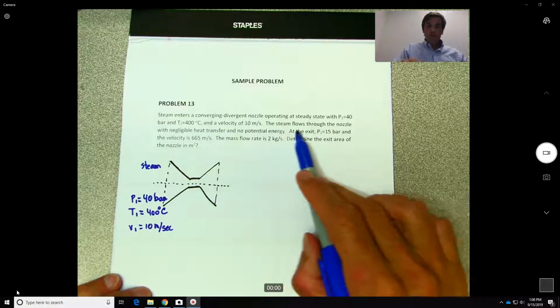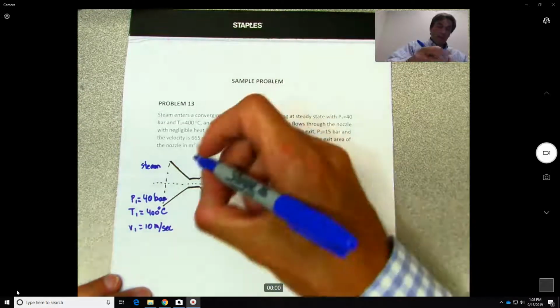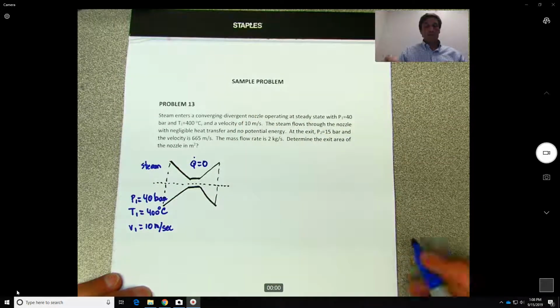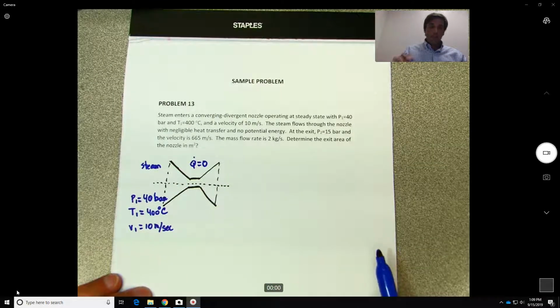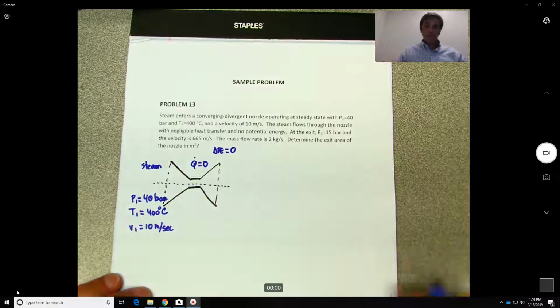The steam flows through the nozzle with negligible heat transfer and no potential energy. So that means basically heat transfer Q is 0. In other words, it means that all this system is insulated and the potential energy is equal to 0.